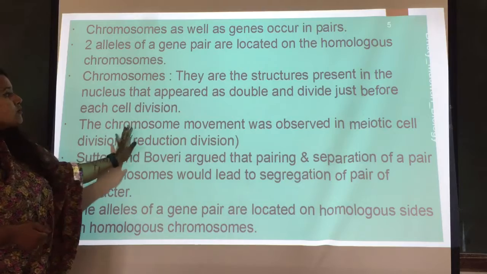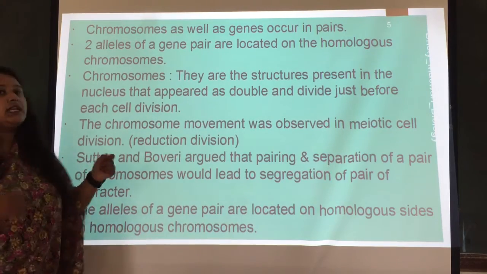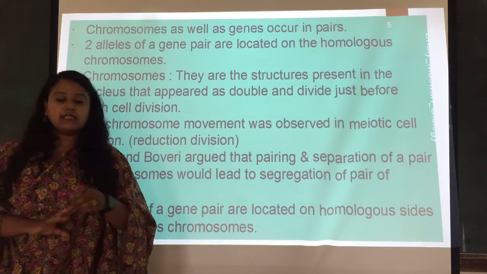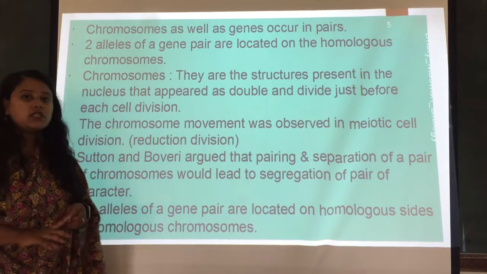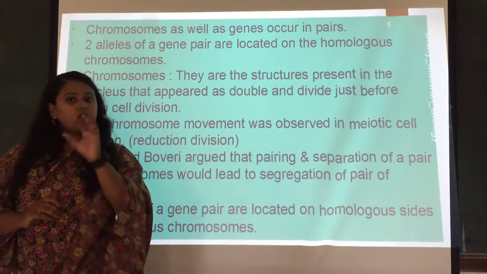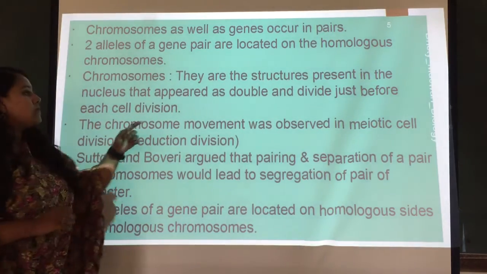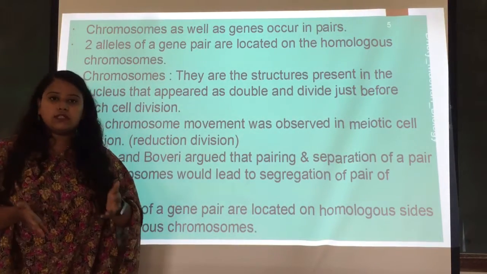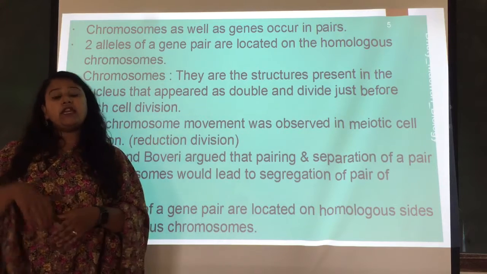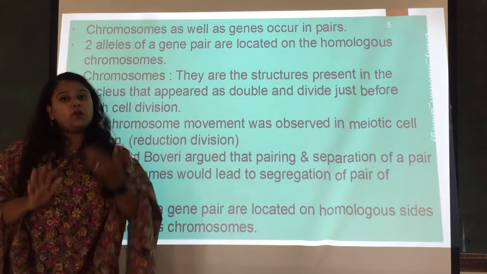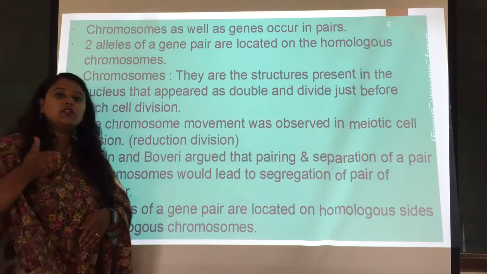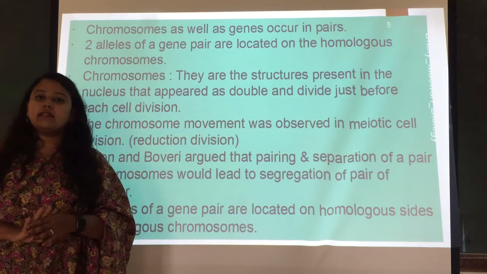So before the cell division, they appear as double and they divide. The chromosome movement was observed in meiotic cell division. Now there are two types of division. First is mitosis and the second is meiosis. Mitosis is said to be the equational division, as equal parts are formed of a particular cell. The second type is meiotic cell division or meiosis, said to be the reduction division, because the initial parent is diploid in number, but at the end of meiosis 2, four daughter haploid cells are formed.